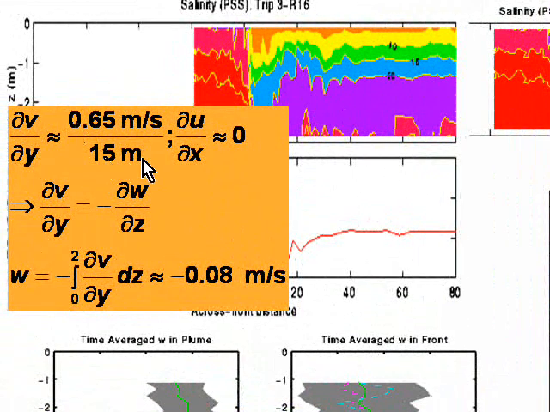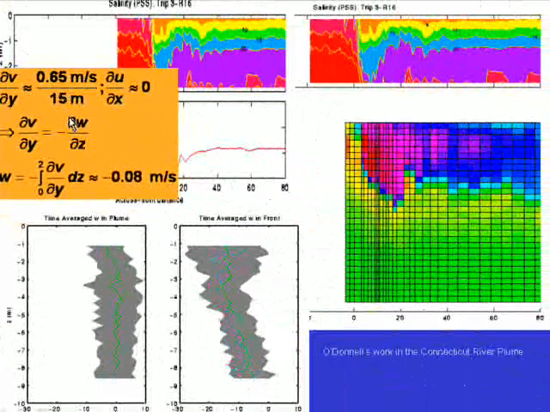And he found that in 15 meters, over a distance of 50 meters, he observed a velocity difference of 65 centimeters per second. It's as if saying 50 going one way, 15 going the opposite way. So that's 65 centimeters per second in 15 meters.